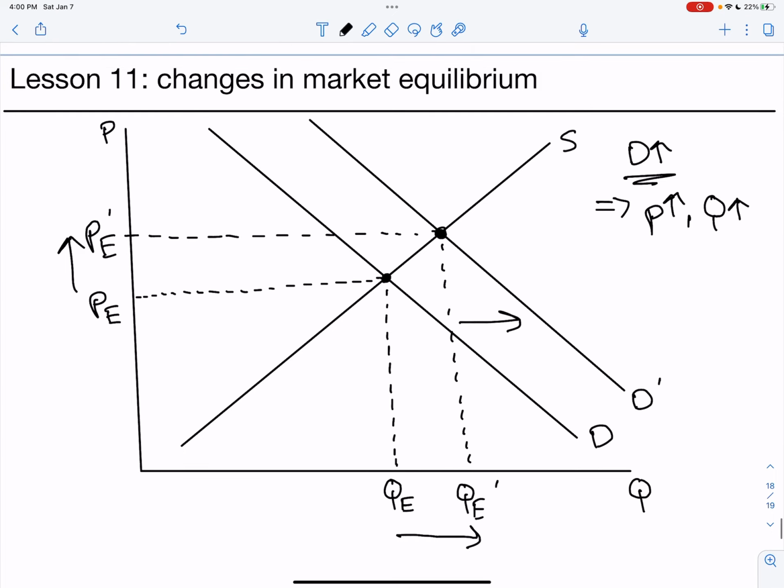What is the intuition behind this? Well, when the demand curve shifted to the right, it created a shortage at the initial equilibrium price. If the price had stayed here, you would now have more quantity demanded than quantity supplied. This would be your quantity demanded, this would be your quantity supplied.